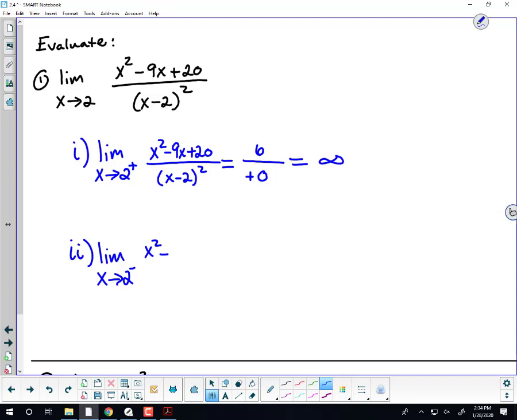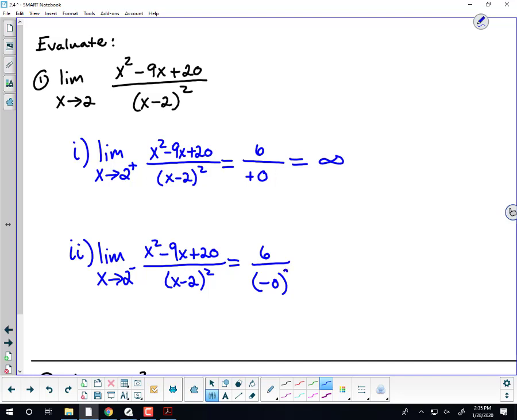We've got a similar thing here with the limit from the left. Kind of like the last one, I'll write this out. This is actually inside the parentheses. Since we're approaching 2 from the left, those values are slightly smaller than 2. Any number slightly smaller than 2, minus 2, is going to be a small negative number.